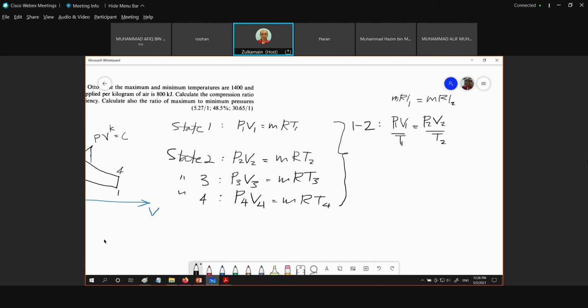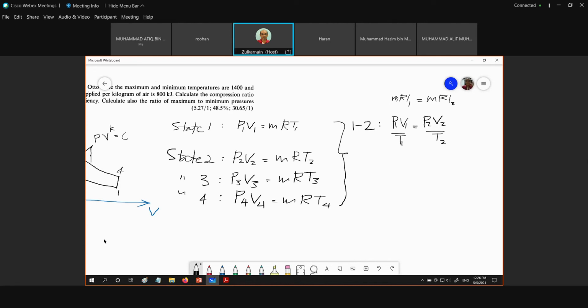So can we simplify this equation? 1 to 2. No, we cannot simplify. That is the relationship that we have to use.